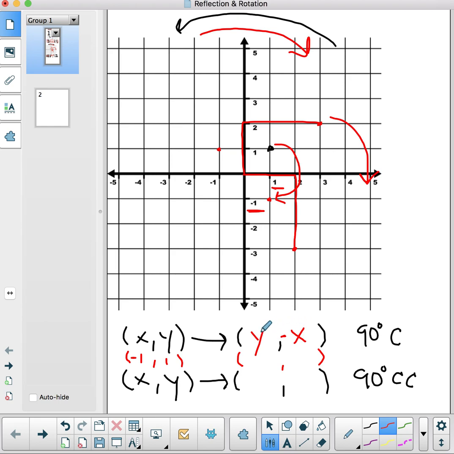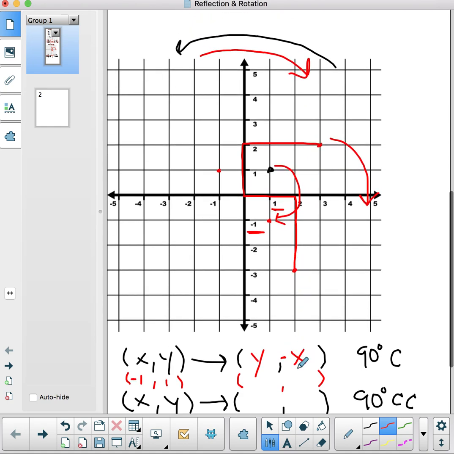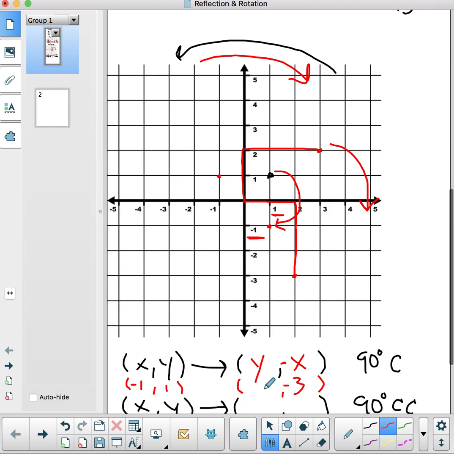So when we flip the variables, we're not necessarily flipping X and Y, but we're flipping the numerical value. So since we went up 2 and to the right 3, now we go to the right 2 and down 3. So we have to make our numerical value negative here because Y is negative.